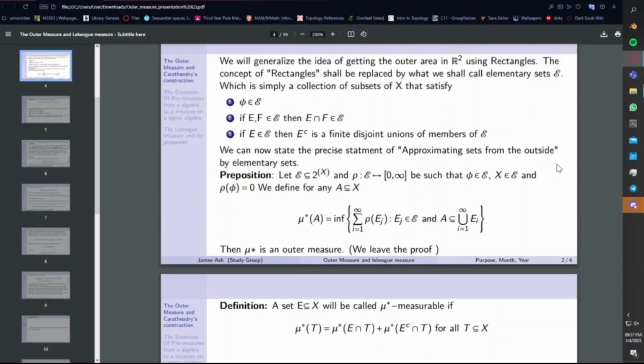If we take the example we saw very early on in the introduction section from Folland, all of those were subsets of the unit interval. Because this is an outer measure, their outer measure must be less than the outer measure of the unit interval, which is equal to 1.